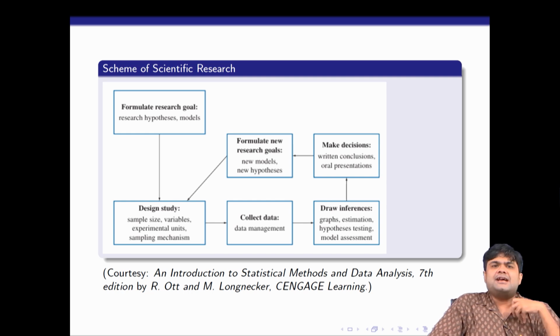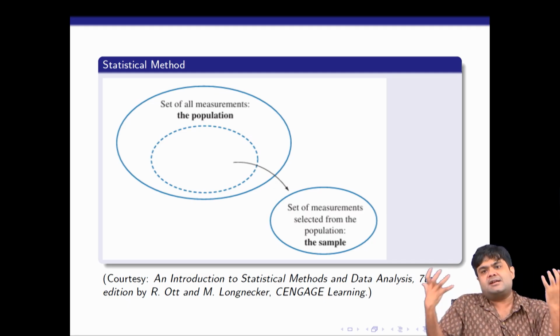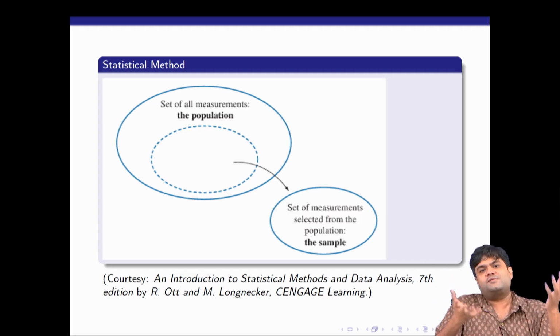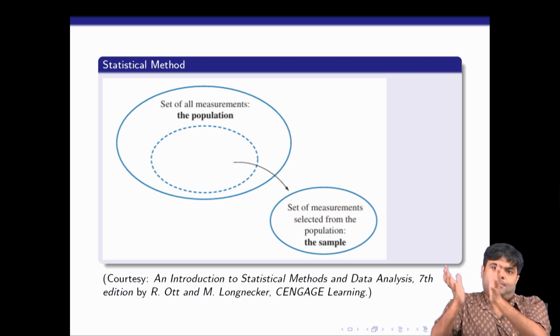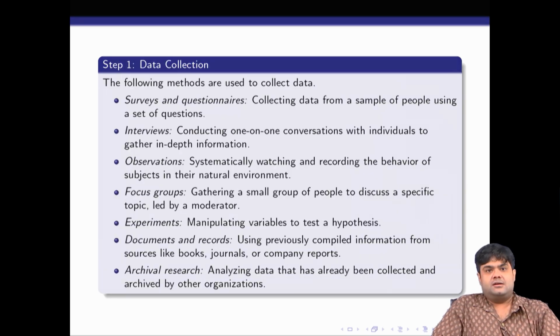For scientific research, this process is repeatedly studied. Statistics and data analysis provide almost the grammar of scientific research. This is what we are aiming at: talking about the set of all measurements based on the set of some measurements that have actually been made.